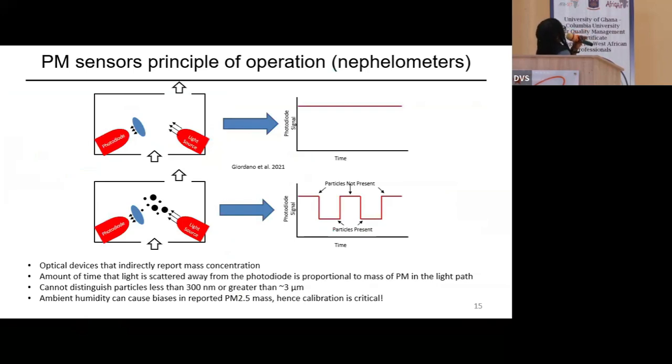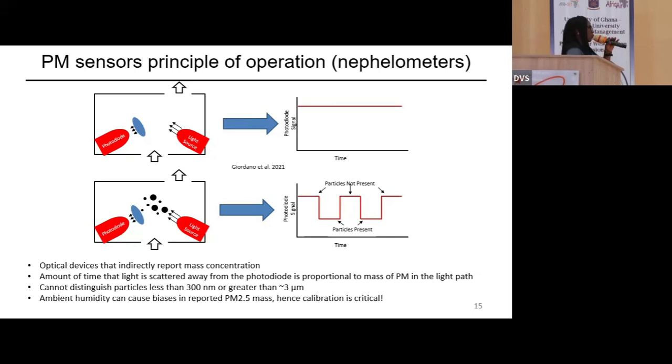So the nephelometers, in this case, the principle of operation here: they are optical devices that indirectly report mass concentration. So the amount of time that light is scattered away from the photodiode is proportional to the mass of the PMs.